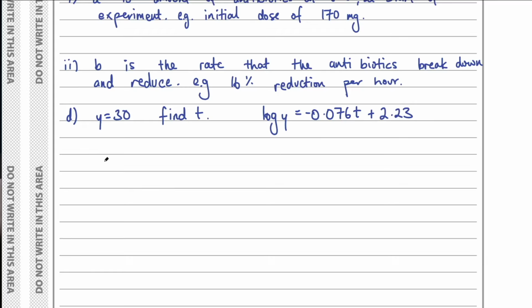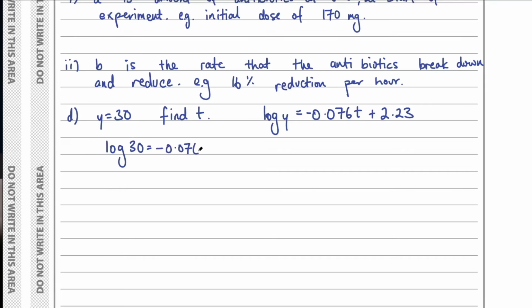If y equaled 30, we would have log of 30 equal to negative 0.076 times t plus 2.23. So then we're going to get negative 0.076 t equal to log 30 take 2.23.